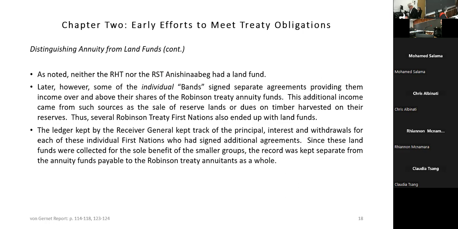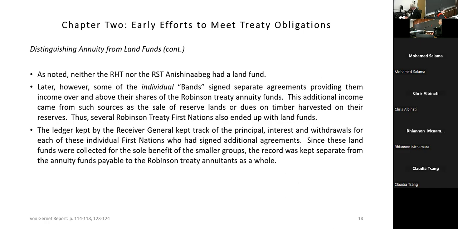For instance, the reserve near Michipicoten was, these portions were relinquished at one point in time, under an agreement that specified that they would get the proceeds from the lands in whatever proportion. I don't recall exactly what the stipulation was, but whatever that was would go into the land fund.